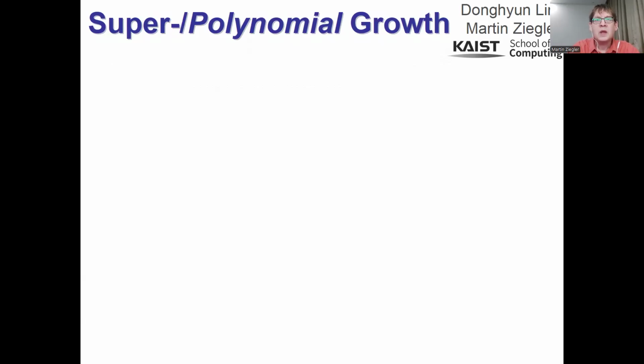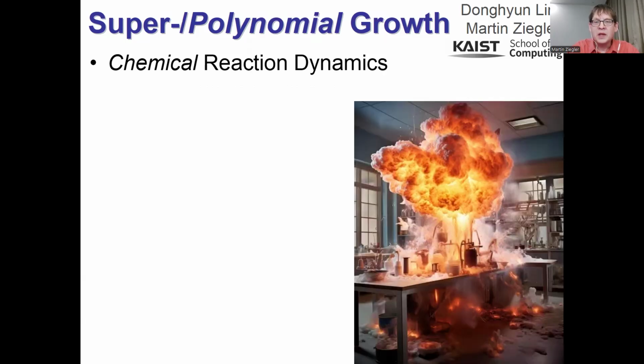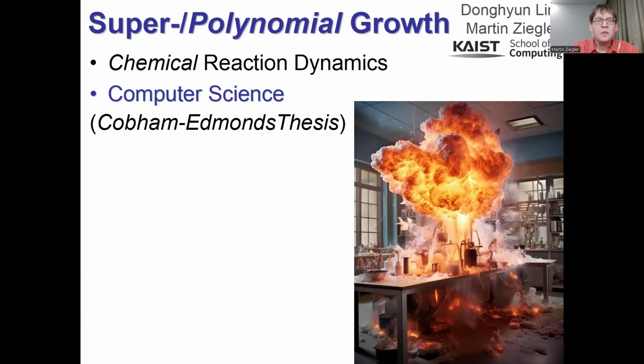Polynomial growth, as opposed to exponential growth, for example, is often considered tame growth. So for example, in chemical reaction dynamics, this is not a polynomial chemical reaction dynamic. In computer science, the Cobham-Edmonds thesis formalizes that polynomial runtime is considered equivalent with efficient running time.